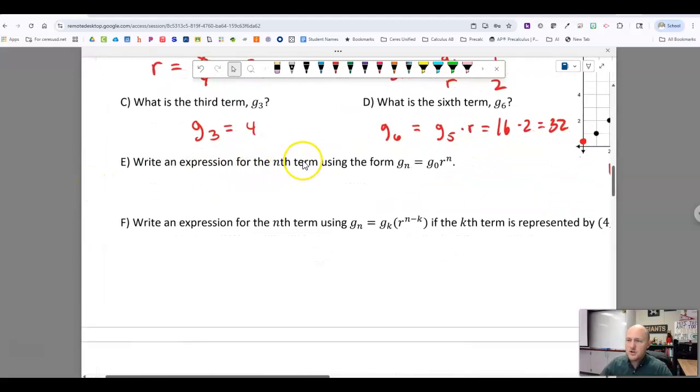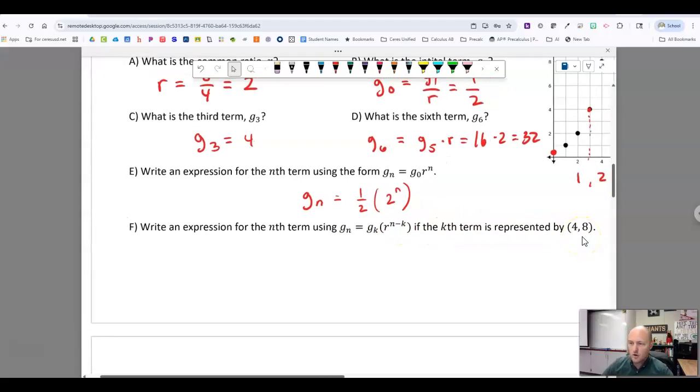E, write an expression for the nth term using G sub n equals G naught times R to the power of n. Pretty simple here. We found out that our initial value is 1/2, and we're multiplying by 2 to the power of n. There you go. They say write an expression for the nth term using G sub n equals G sub k times R to the power of n minus k if the kth term is represented by 4, 8.